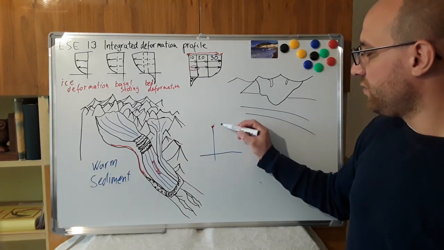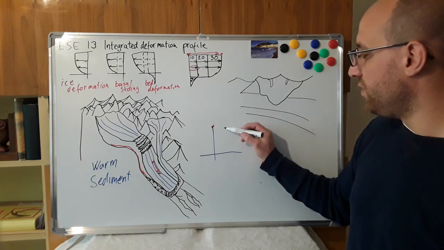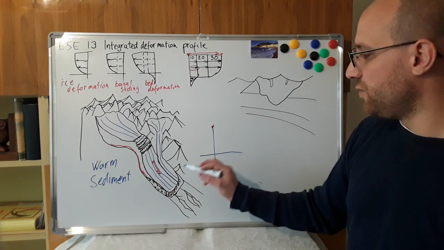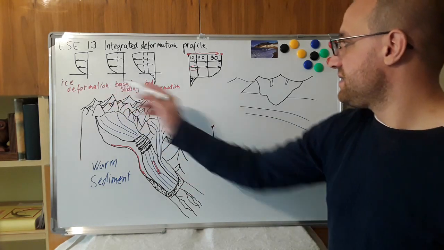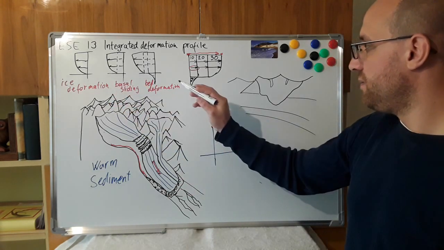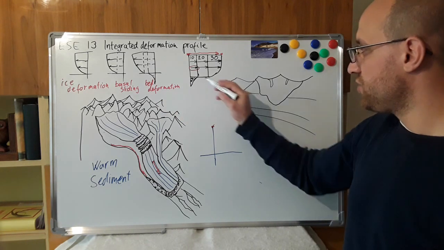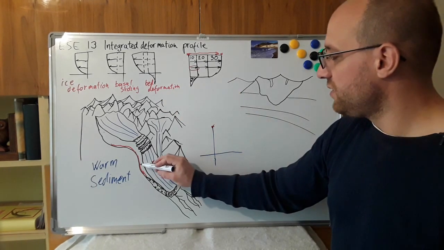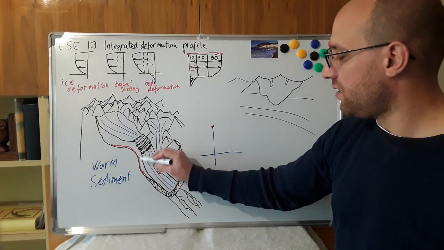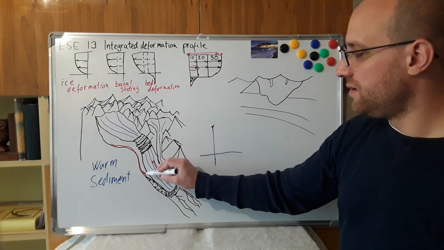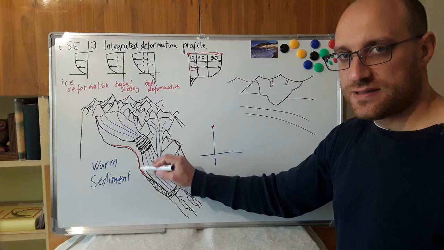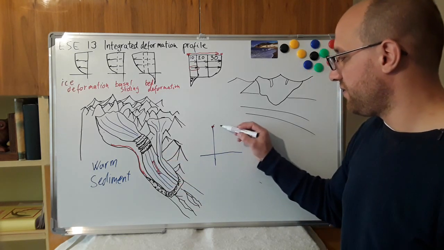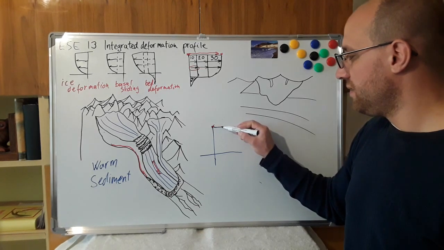And how this will move, well, right here, I just say that there will be ice deformation, basal sliding, and bed deformation. I'm starting with this one over here. So this material under the ice, it's made of rocks, sand, pebbles, cobbles, whatever, will be moving.